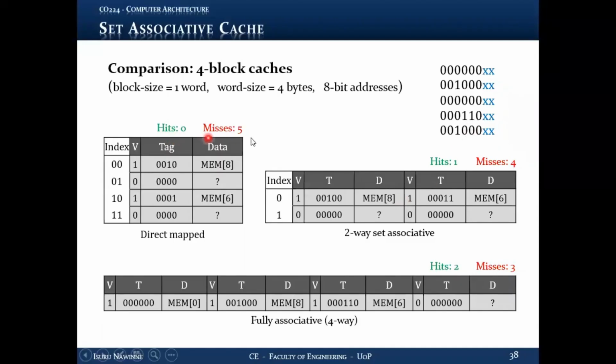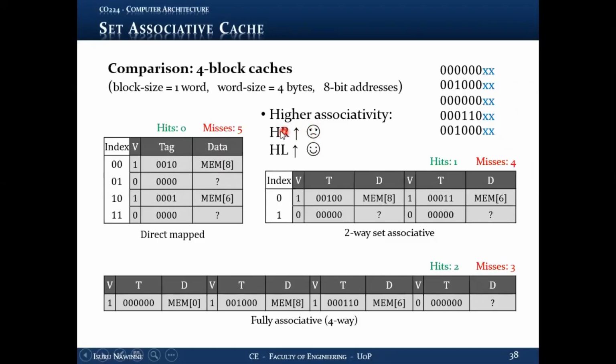And with increasing associativity, you get better and better hits, right? So fewer conflict misses. Conflict misses can be reduced with higher degrees of associativity, but with higher degrees of associativity, you introduce more complex hardware. So with higher associativity, your hit rate is going to increase, which is a good thing.